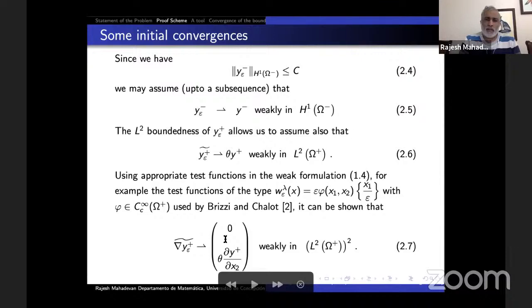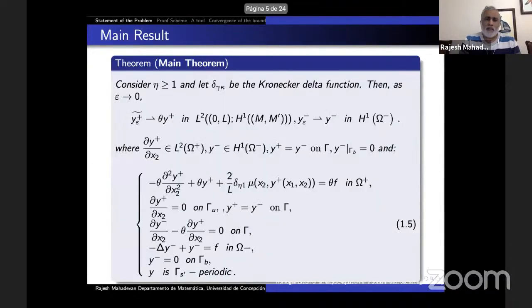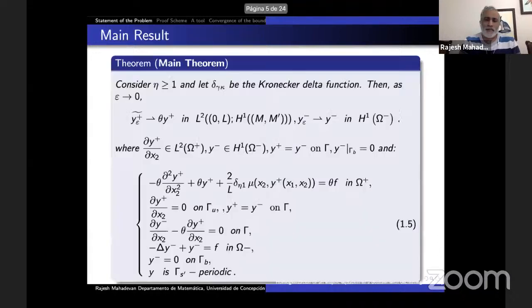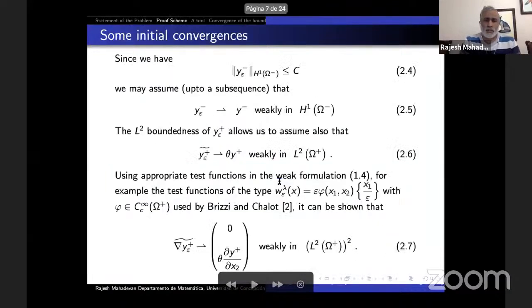And so you can pass to the limit in all the terms except the terms which involve the gradient, the oscillating boundary, and that's where the difficulty lies. If you do this, you can forget this mu term and you will get all the other terms except this term. So how do we account for this term in the limit problem? That's the main issue.